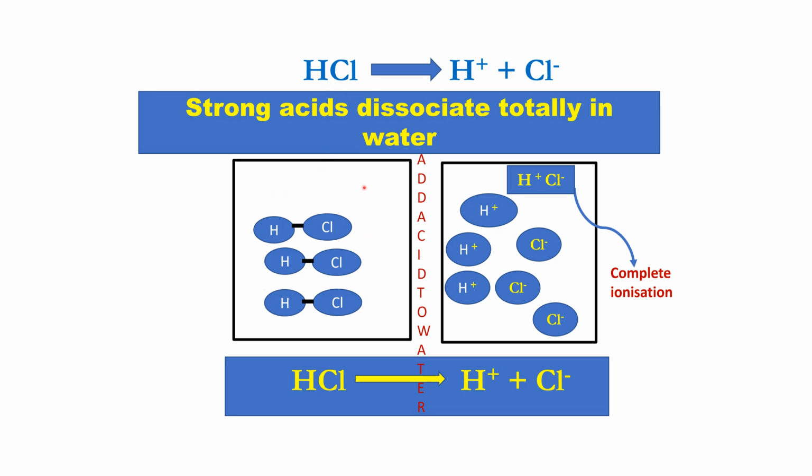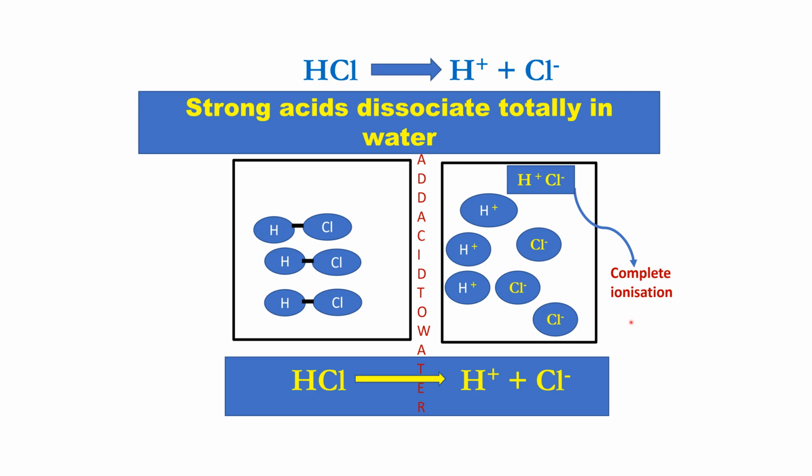So this is HCl. We have 3 molecules of HCl. When you add this acid to water, remember you always add acid to water and not the other way around. When you add HCl to water, it will dissociate completely and it will have 3 H plus ions and 3 Cl minus ions.